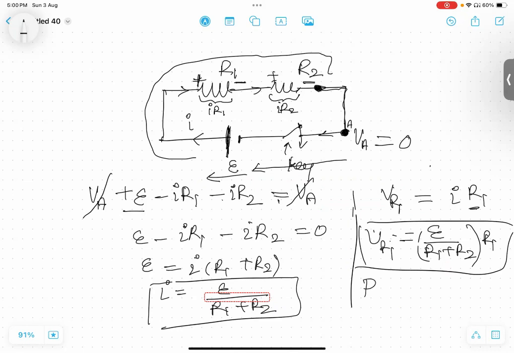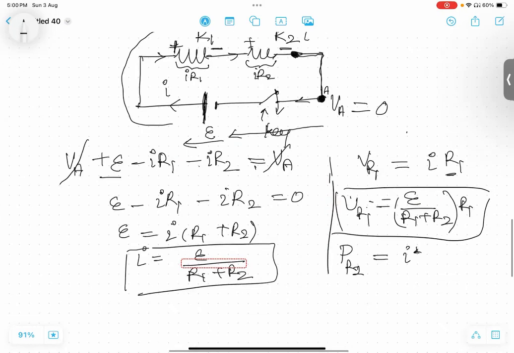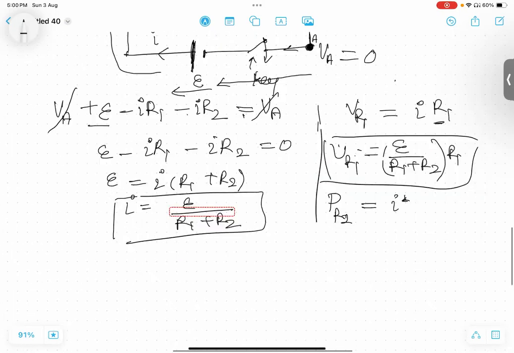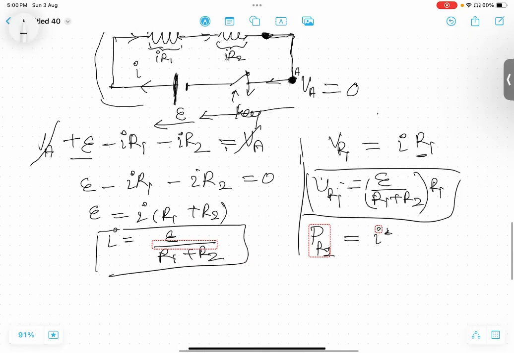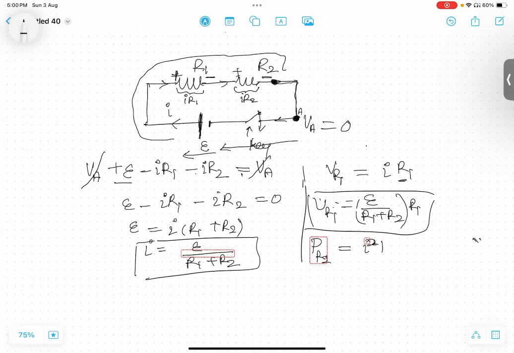If someone asks the question, find the power dissipated across R2. The power dissipated across R2 is I squared R. That's how we find the power, right? Let me write it again. It is looking cumbersome.